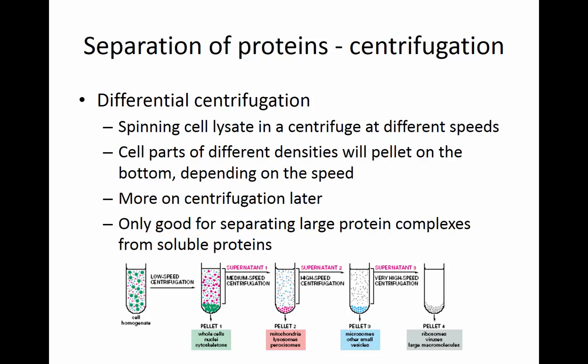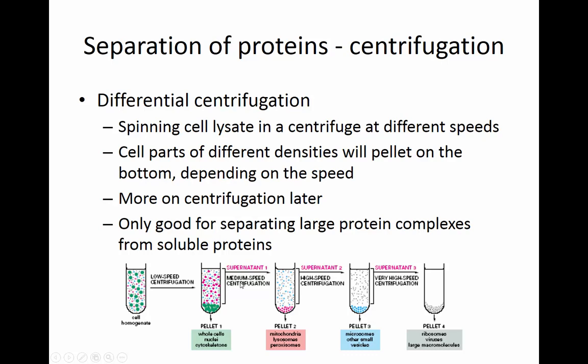So if you have a low speed centrifugation, essentially what you'll bring out is all the whole cells that didn't get blown apart. If you're working with eukaryotic cells, cell nuclei, and even cytoskeletal elements will get pelleted if you do something at low speed, leaving in the supernatant a bunch of proteins and other smaller organelles and complexes.